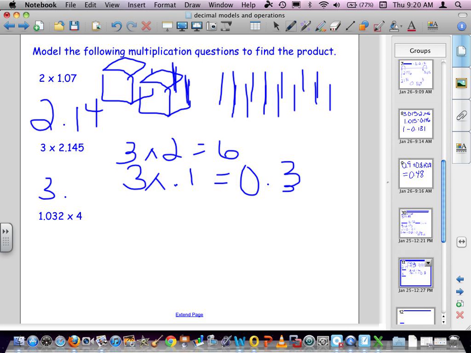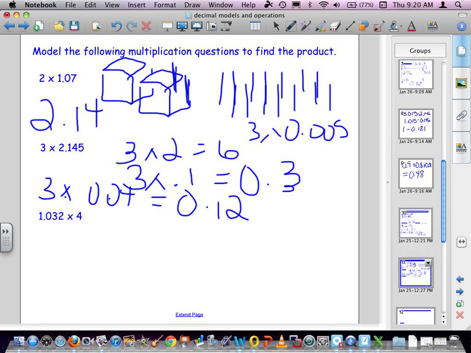3 times 0.04 is what? 0.12, right? Good. And 3 times 5,000. Okay, 0.015.